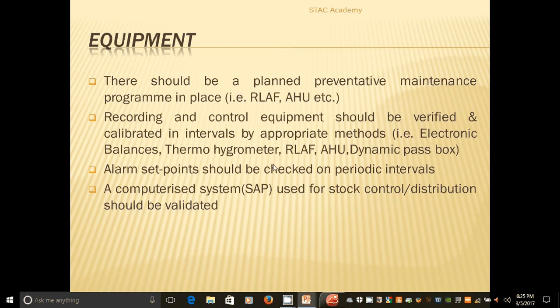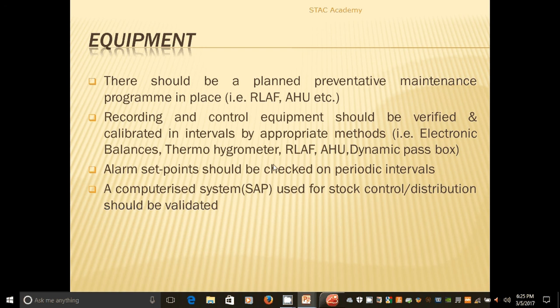Equipment. There should be a planned preventive maintenance program in place for critical equipment in stores like RLF, AHU, etc. Recording and control equipment should be verified and calibrated at intervals by appropriate methods.